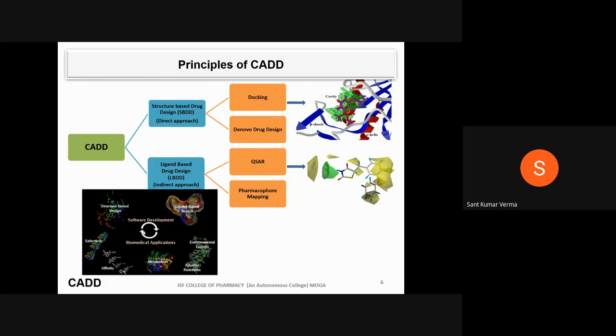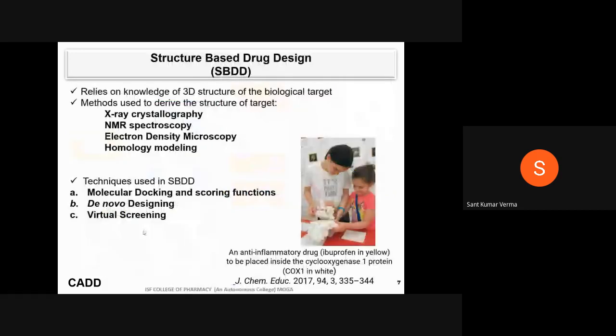docking and scoring functions. In structure-based drug design, which is based on the 3D structure of the biological target, you should know the 3D structure of the biological target, its amino acid sequence, and the structure of the biological target can be identified using X-ray crystallography, NMR spectroscopy, electron microscopy, and homology modeling.